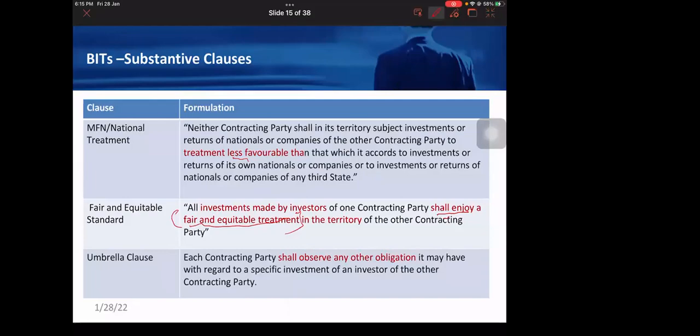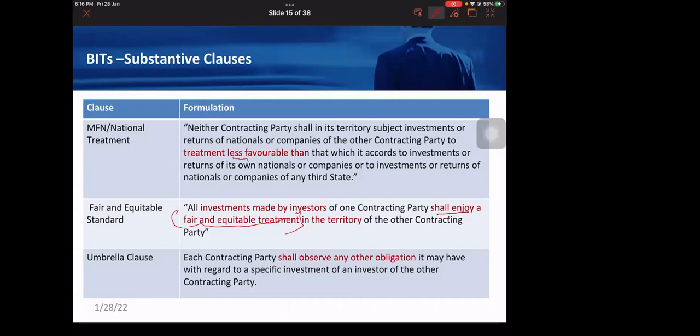As tax professionals, we are acquainted with these. The other important substantive provision in a bilateral investment treaty is fair and equitable treatment. This is something which, as tax professionals, we're not familiar with, but this is largely a customary international law inspiration, whereby investors are treated in a reasonable manner in a host state.